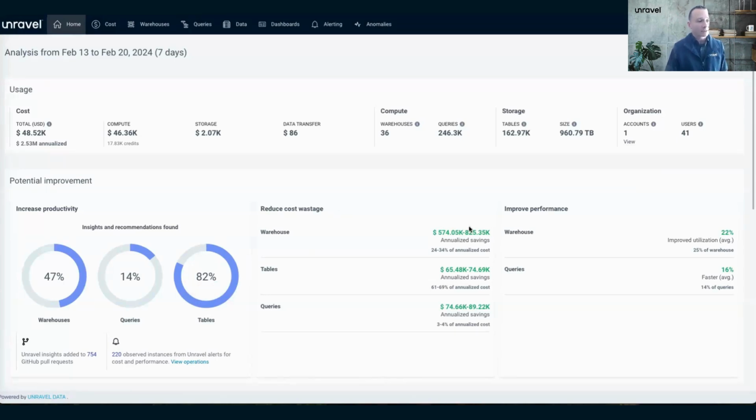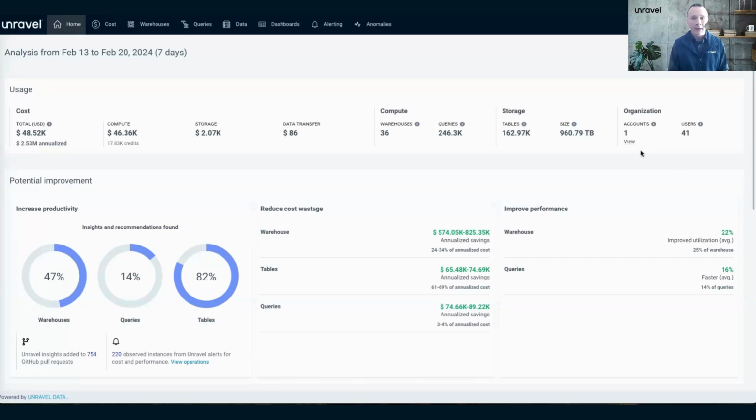We'll dive into some of this in a moment. Where can I focus my attention to improve performance? We also give you a lot of other good usage metrics across the top, and other statistics from that perspective. And by the way, all these dashboards just start working out of the box from an Unravel point of view. There are no additional configurations needed.